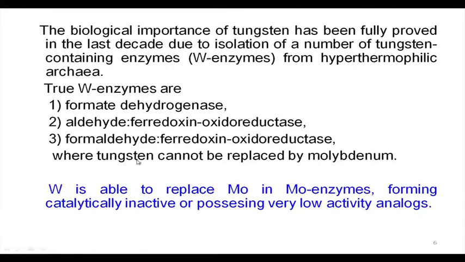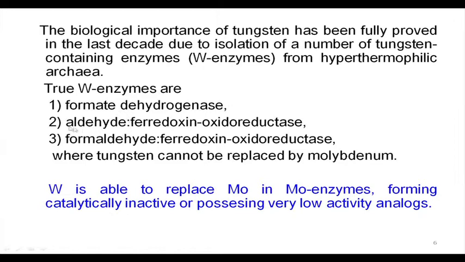So, largely speaking, we can have three classes of these tungsten enzymes. One is the formate dehydrogenase, which we have seen in the case of molybdenum also. Then aldehyde oxidoreductase.